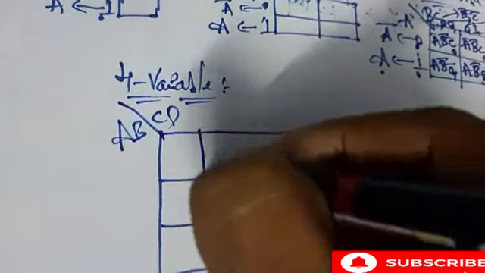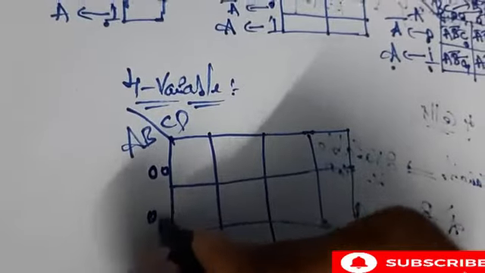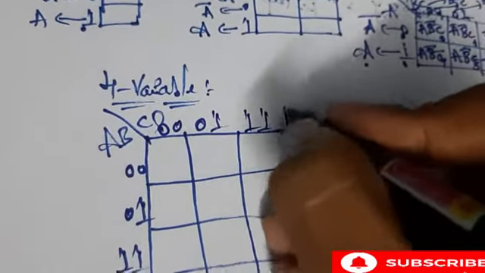This will be the A, B, C, D. 1, 2, 3. This will be the 0, 0, 0, 1, 1, 1, 1, 0. This will be the 0, 0, 0, 1, 1, 1, 1, 0.